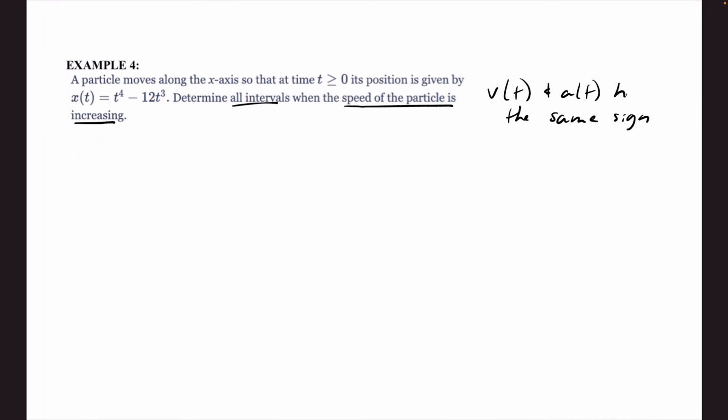In order for us to find that, we have to figure out what v of t and a of t are. So first v of t. v of t is 4t cubed minus 36t squared.